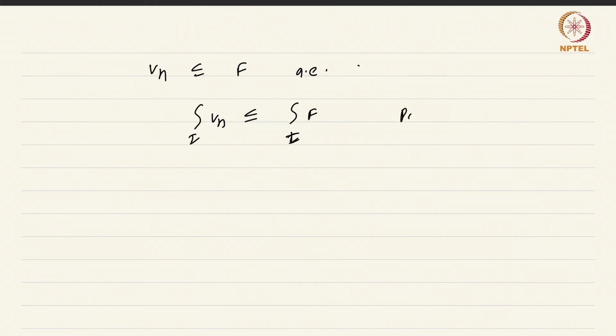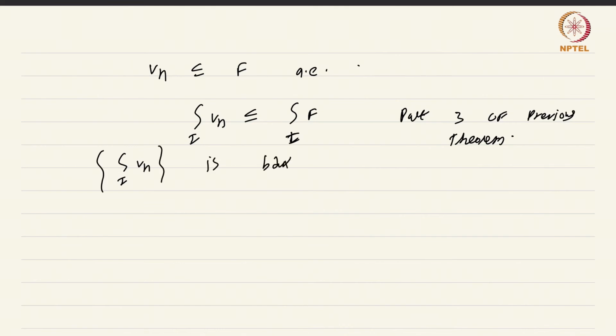This is by part 3 of the previous theorem. This shows that the sequence of integrals of vn is bounded above. So that shows that min(f, g) is an upper function.